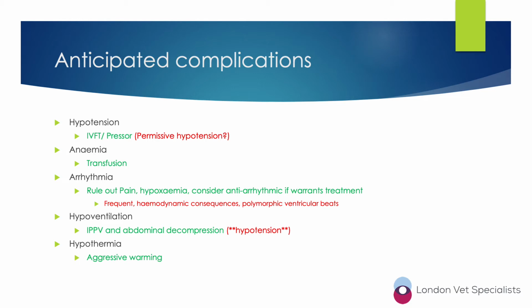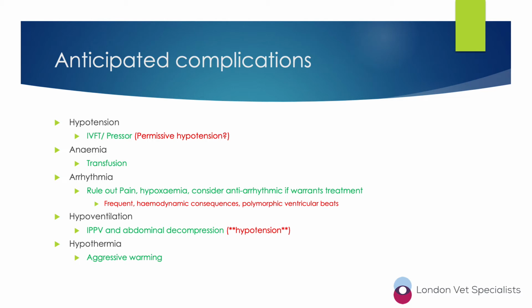But also, if the patient is very anemic, it's likely that the heart tissue is receiving an inadequate oxygen supply at a time when it's having to work quite hard to get the remaining blood and the remaining oxygen around the body. So that poor oxygen delivery to the heart combined with increased work from the heart is going to irritate the myocardium and cause arrhythmia.